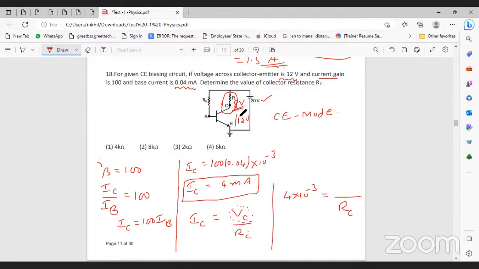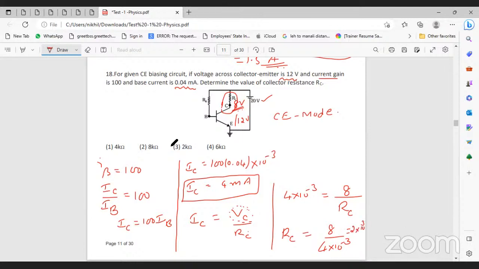12 volt is taken across the emitter, so out of 20 volt, the remaining 8 volt is across the collector. So what is the voltage across the collector? It is 8. So what is the resistance? Resistance will be 8 divided by 4 into 10 power minus 3. 8 by 4 is 2, and 10 power minus 3 comes up as 10 power 3.